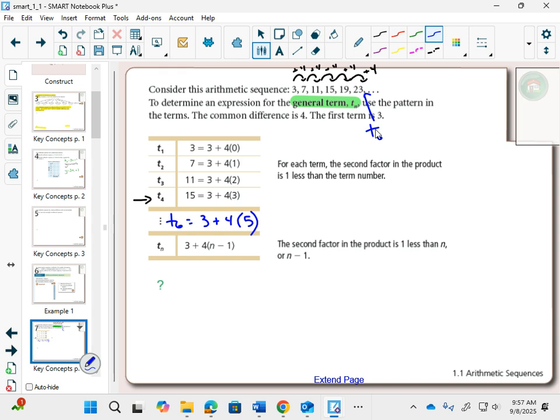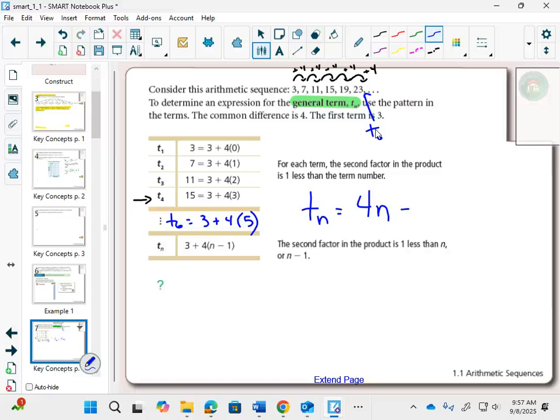We also looked at sort of a shortcut way of finding this equation, where if you're adding 4, there's going to be 4 times something in the formula. And then if I use the sixth one, term 6 is supposed to be 23. If I do 4 times 6, you see that you get 24.